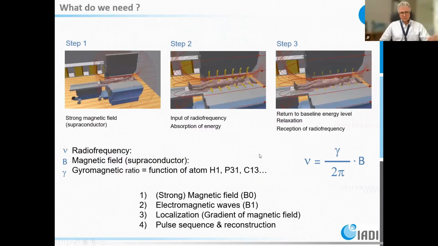What we need, this is the basic stuff again: you have the resonant frequency here, and you have this MRI for proton, phosphor, or carbon. So I will go through the magnetic field B0, some information about the electromagnetic wave, what we will call B1, the gradient, and just some information about the pulse and so on.